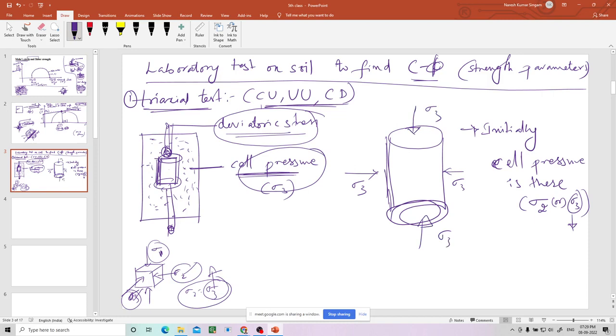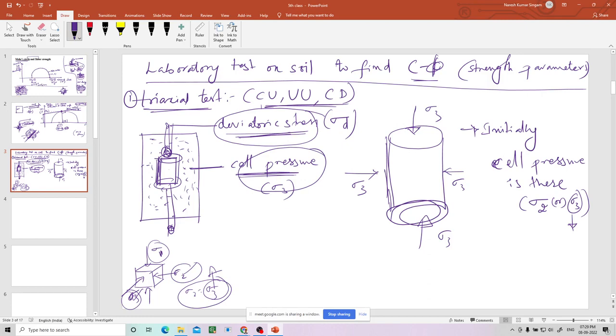Along with that, deviatoric stress, which is denoted by sigma d, is also coming vertically, due to which the soil fails. With just cell pressure, it will not fail because it is applied all around. The soil will fail only when there is different pressure in different directions. That is the reason why we are applying deviatoric stress.